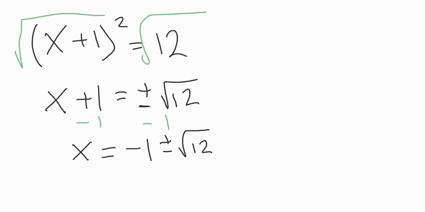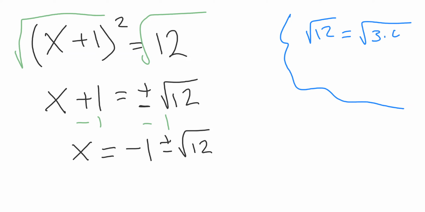So let's just take a little aside and simplify that square root of 12. Since 12 is 3 times 4, we can rewrite that as the square root of 3 times the square root of 4, or if you prefer, you could rewrite it as the square root of 3 times the square root of 2 squared.